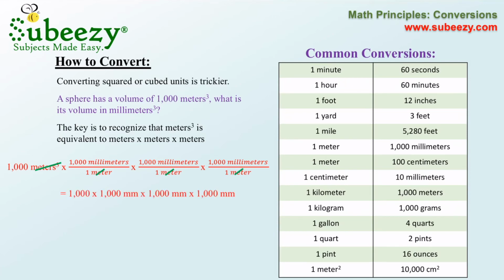And we are left with 1,000 times 1,000 millimeters times 1,000 millimeters times 1,000 millimeters, which gives us 1 trillion millimeters cubed, or 1 times 10 to the power of 12 millimeters cubed. We will discuss volume in a later lecture. Volume deals with units that are cubed, such as meters cubed.